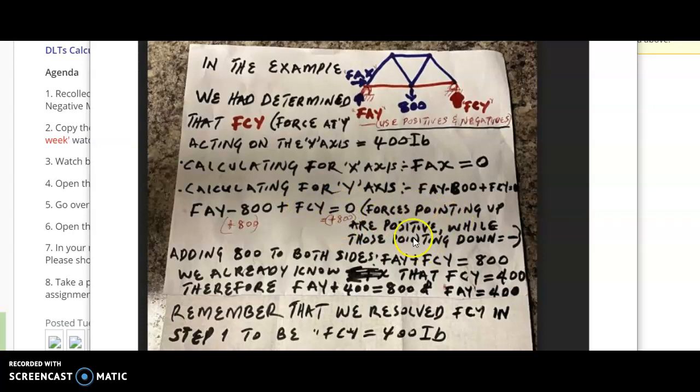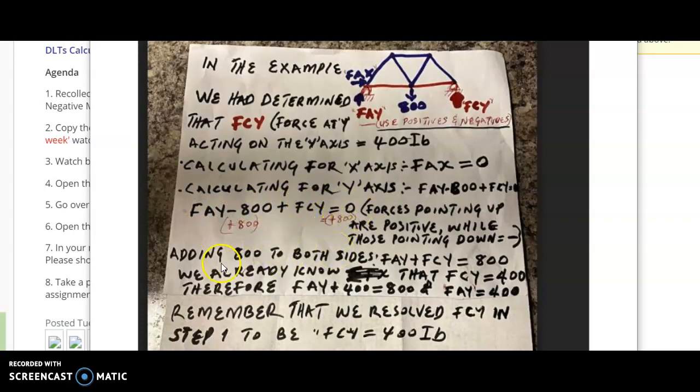Forces pointing up are positive, while those pointing downwards are negative. When we add 800 to both sides to get rid of the 800, minus 800 plus 800 cancels out. So FAY, which we are trying to determine, plus FCY is equal to 800.